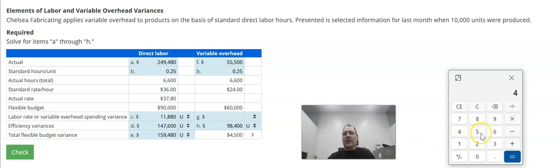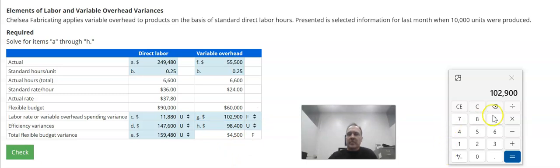So I'm going to add 4,500 to that. The actual formula for the variable overhead spending variance would be 6,600 minus 2,500 is 4,100 times the $24 rate here, and then plus 4,500. And so 102,900, and this is a favorable variance.